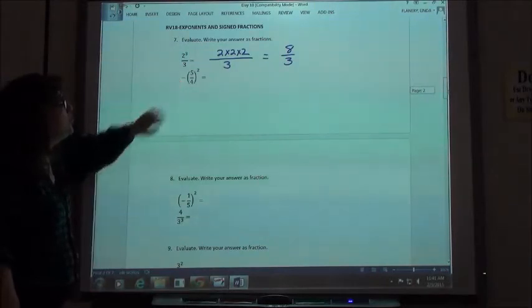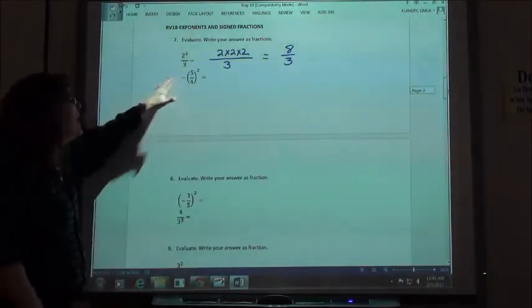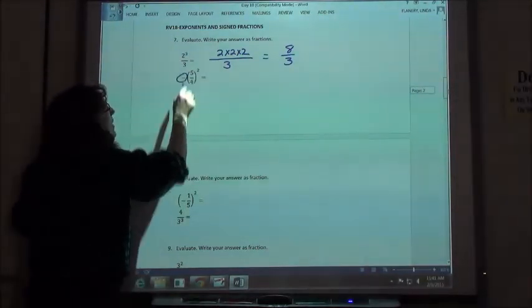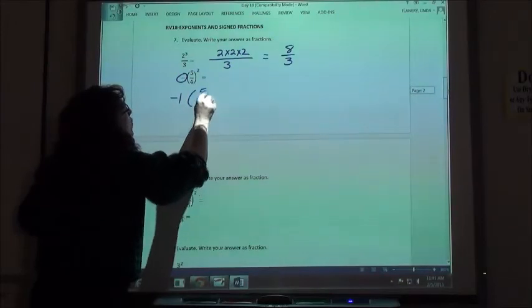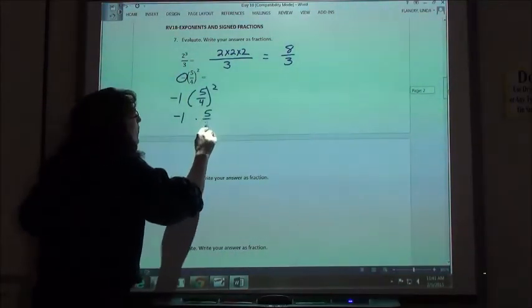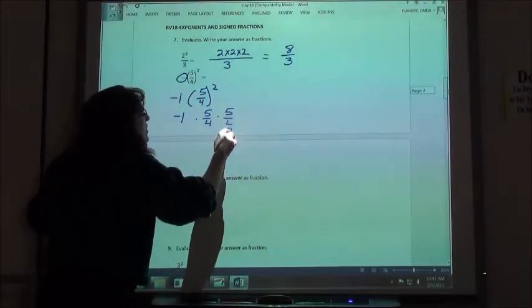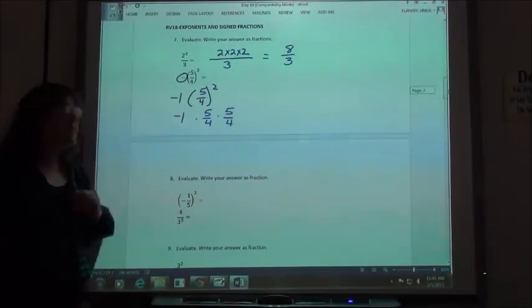Here, this one is a tricky one. Notice the negative is not in the parentheses. When there's a negative all out in front by itself, it means negative 1. Negative 1 times 5 fourths squared. So I'm going to have negative 1 times 5 fourths times 5 fourths. That negative isn't squared, just the fraction in the parentheses is.